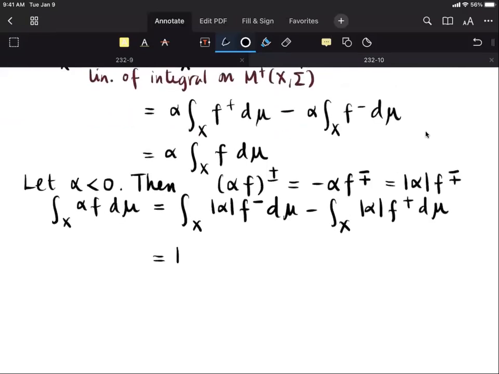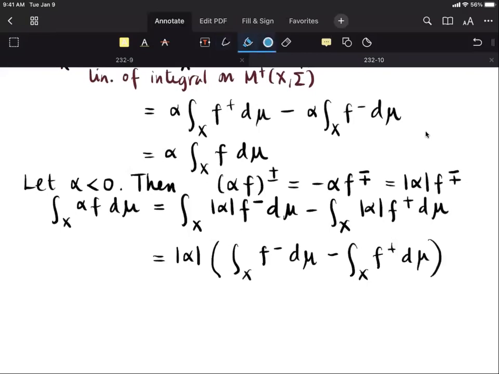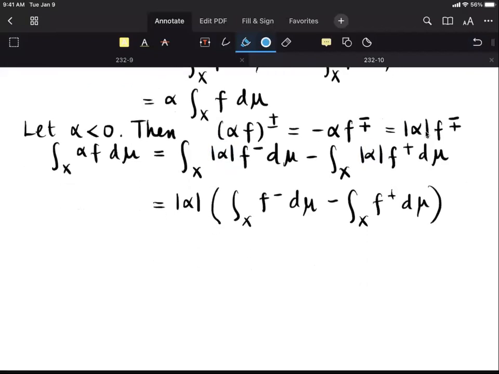If we factor the absolute value of alpha, d mu minus plus d mu, we can now pull out, or apply again, the linearity on M plus.